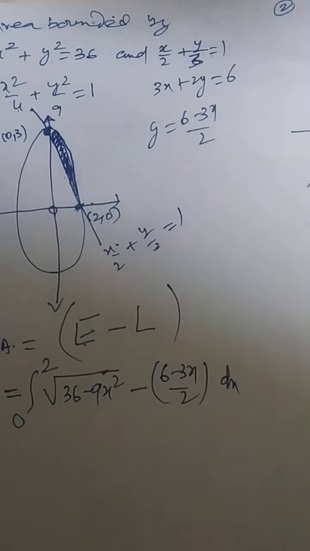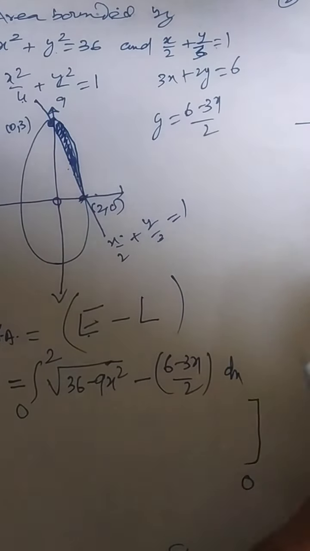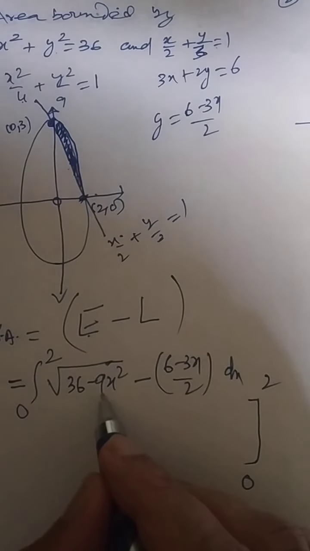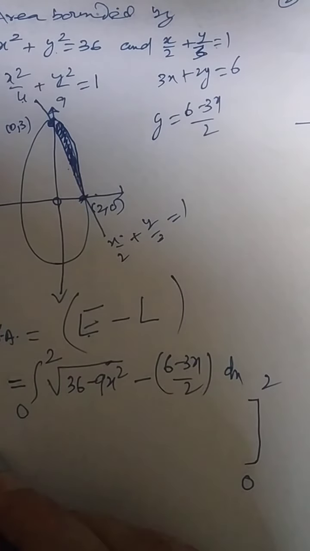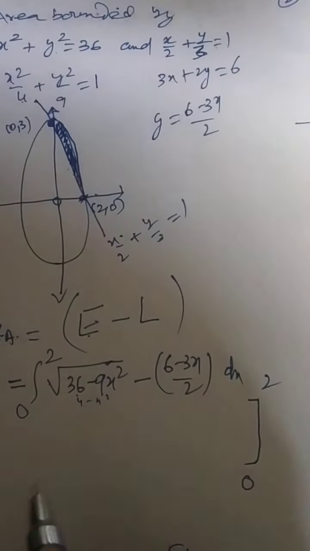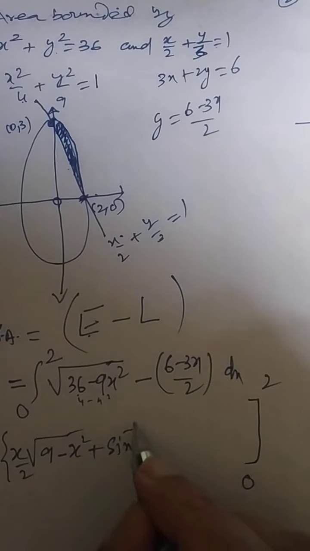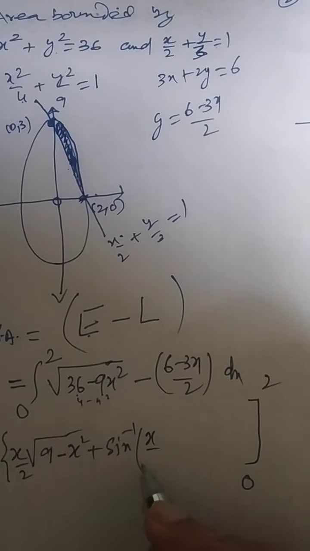I am just helping you with one more step, the integration step, and then you will be calculating, because it will have a common answer. It is 0 to 2. Fixed, this 9 you have to take common. Do you remember? Here it will be a 3, and here 4 will be there, 4 minus x square. So it will be nothing but x by 2 into the square root of 4 minus x square, plus sine inverse x by 2.